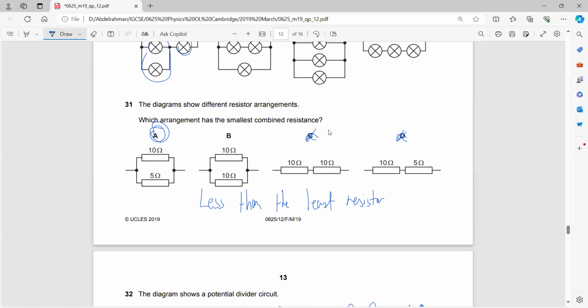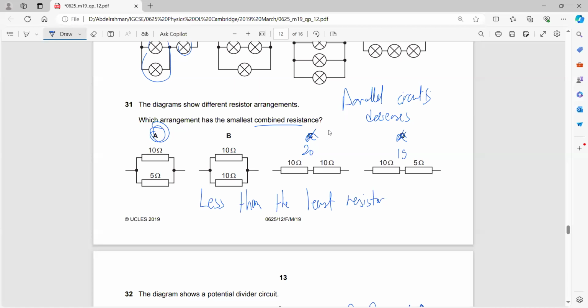Okay. Question 31, again quickly. Combined resistance in parallel circuits. What happens in parallel circuits? They decrease. What happens to the combined resistance? It decreases. For example, in D, the total resistance would be 15. In C, 20.